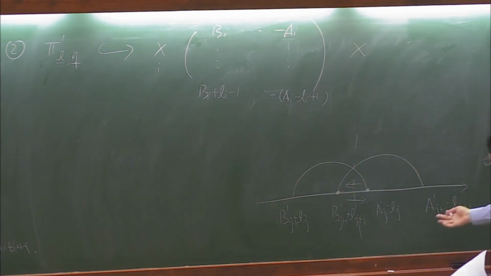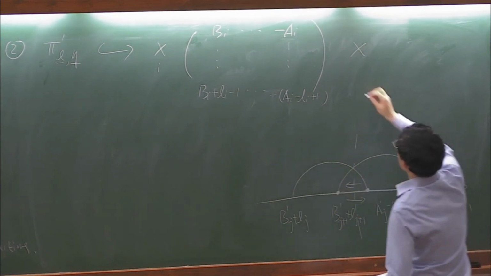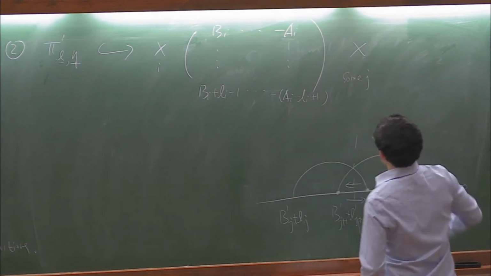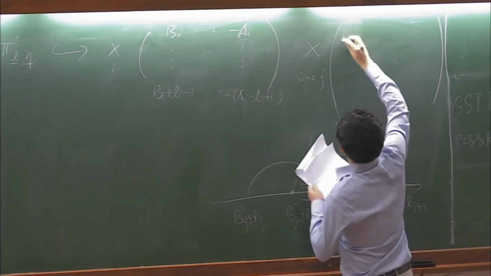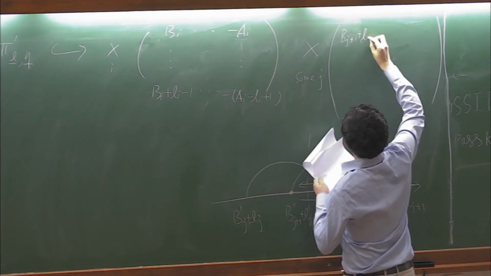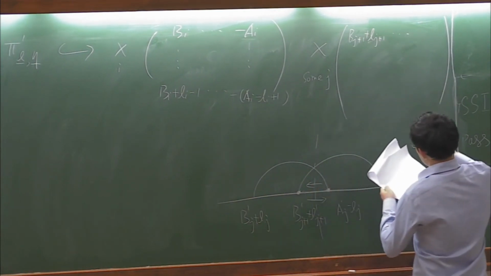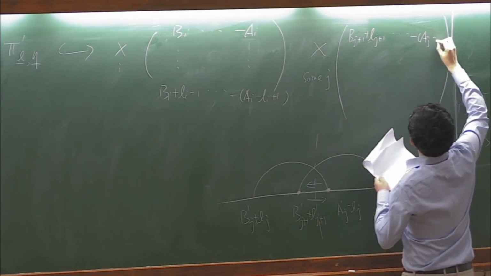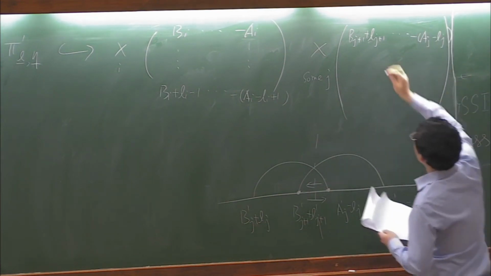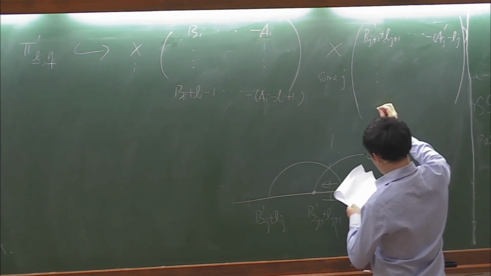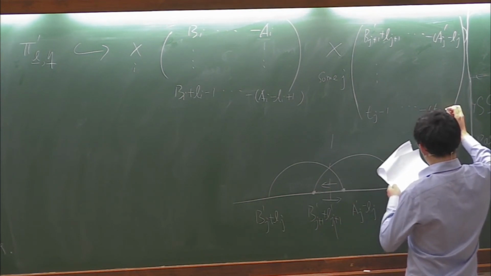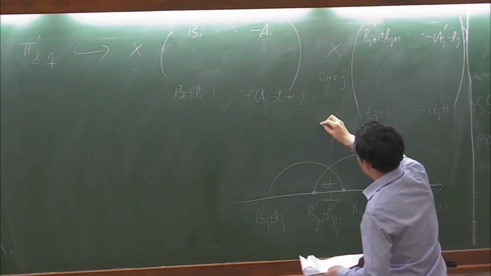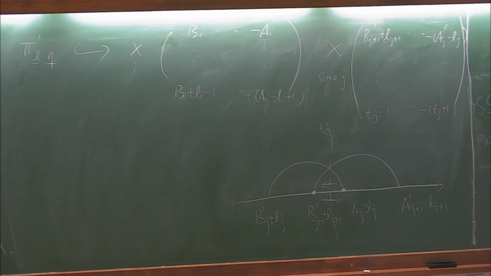So whenever you have a j that has this intersection, you will get an actual matrix. And here I'm putting T_j minus 1 and negative T_j plus 1. So T_j will be this middle point. Okay. So that's the actual matrix.